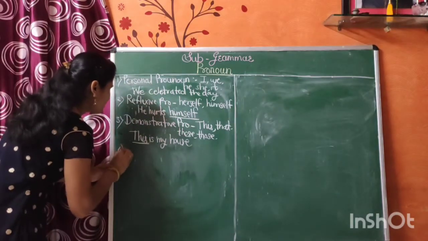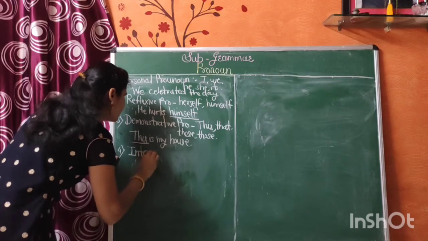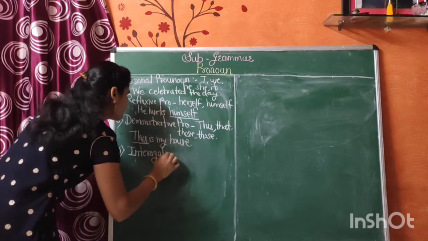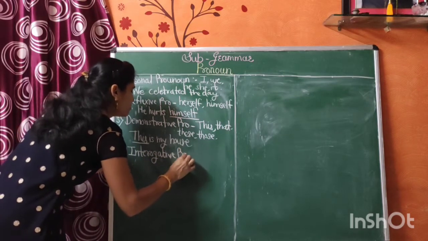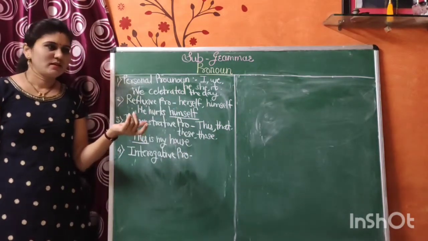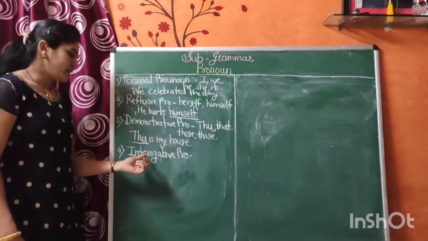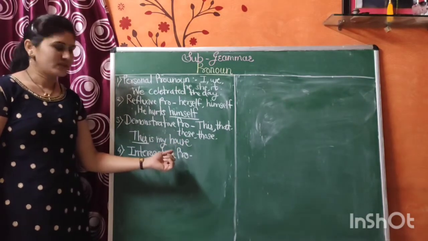The fourth type of pronoun is interrogative pronoun. So interrogative pronouns are used to ask questions. The WH words, means the questioning words, are the examples of interrogative pronouns.